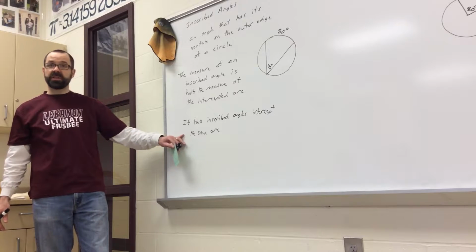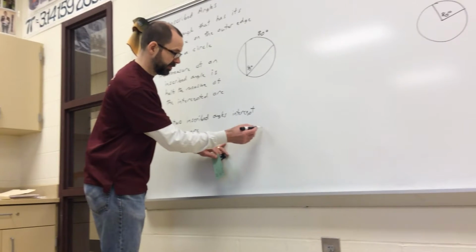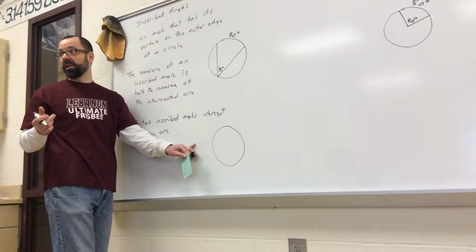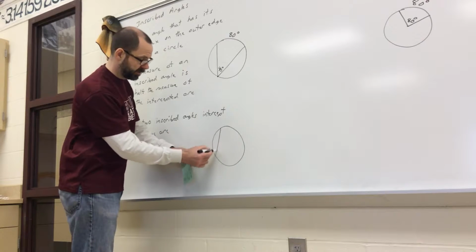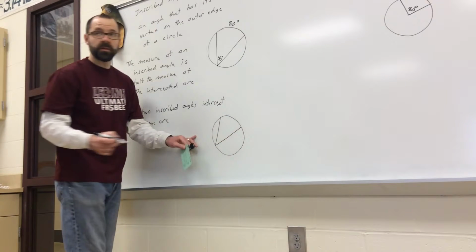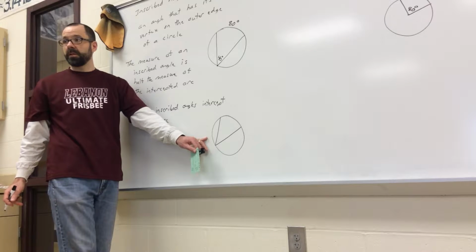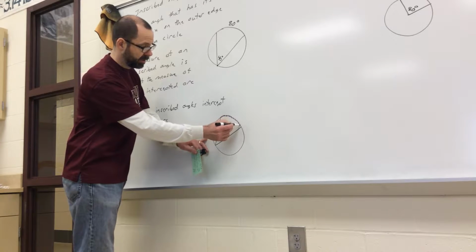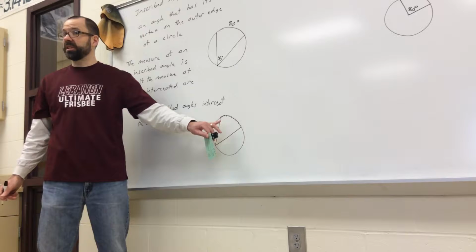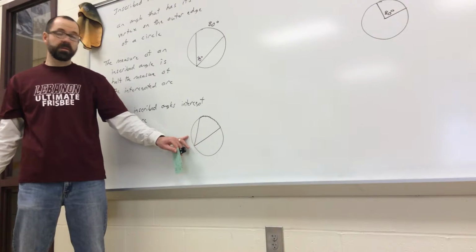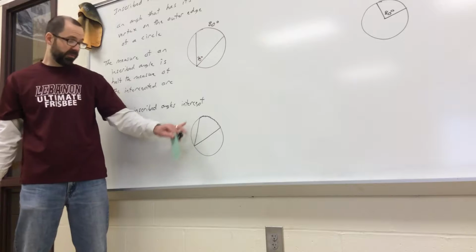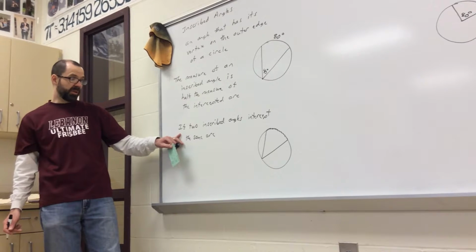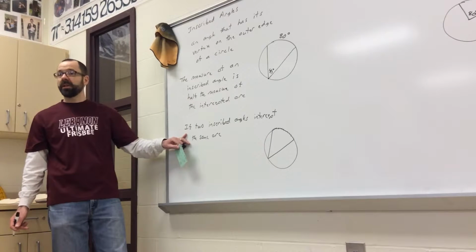So we've got two angles intercepting the same arc. So draw a circle. And then draw an inscribed angle. And then that inscribed angle is hitting this arc. So that's called the intercepted arc. But the situation here is we need two inscribed angles hitting the same arc.